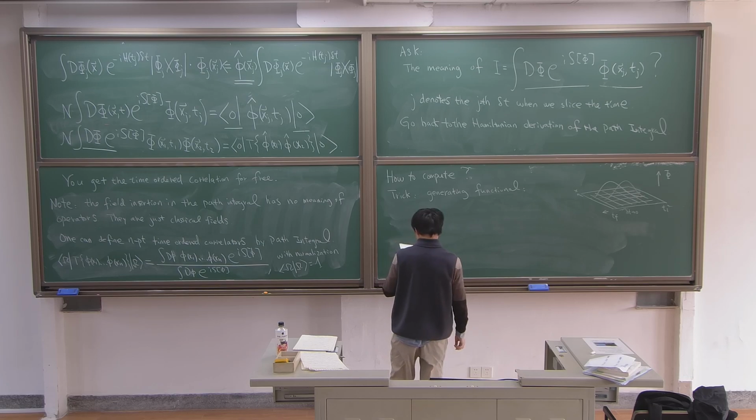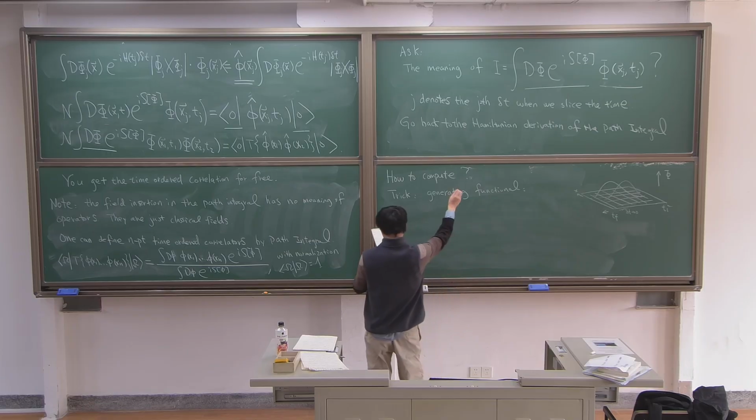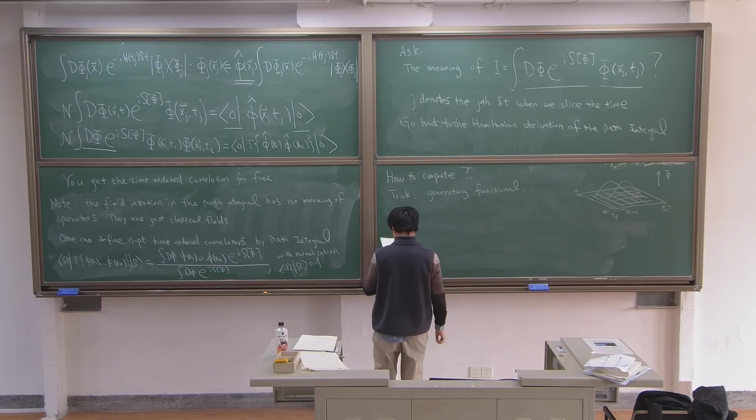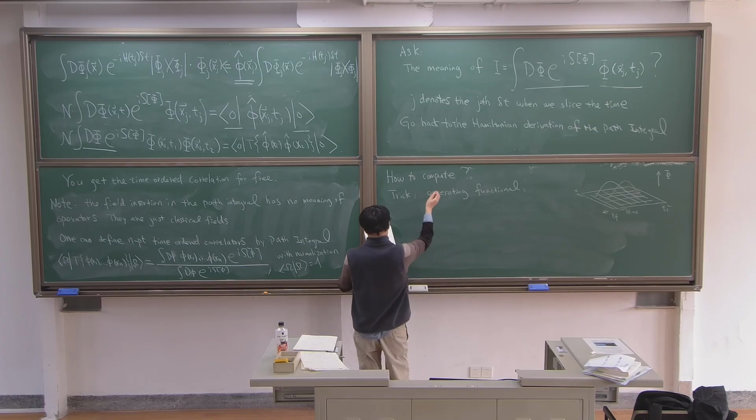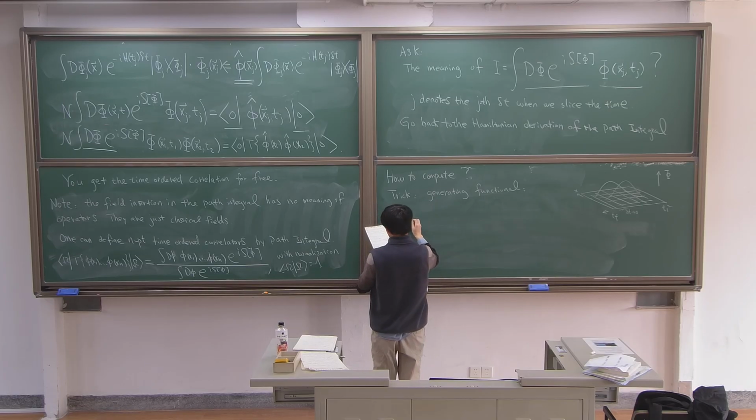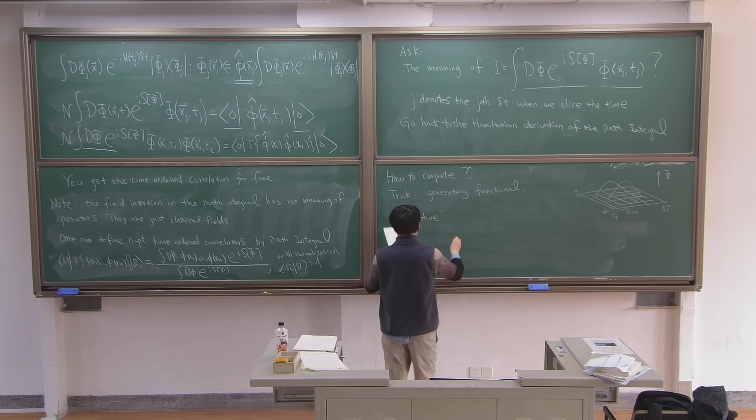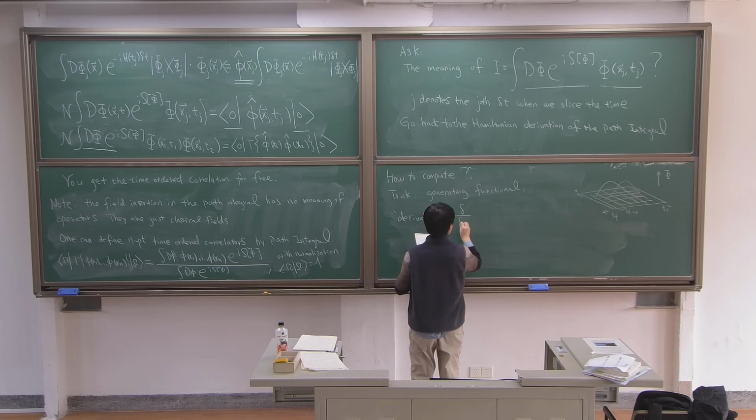In order to introduce this trick, we first define some mathematical operation, which is called some new derivative, which we denote as delta over delta J(x).